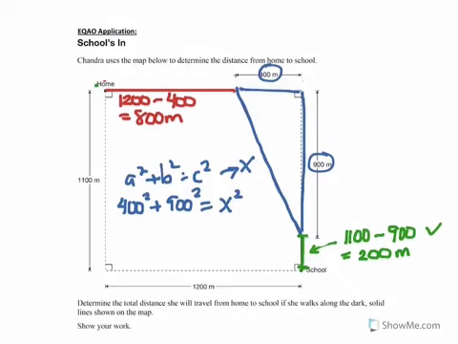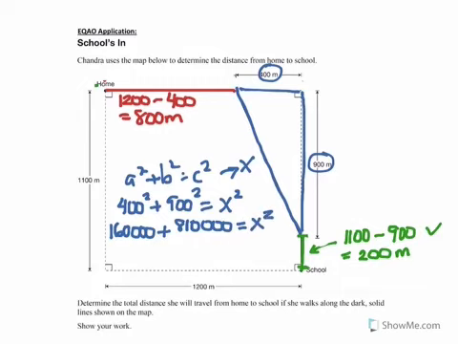So I'm going to get 160,000, there we go, lots of zeros, plus 81 with 4 zeros behind it. So that's a lot of zeros.